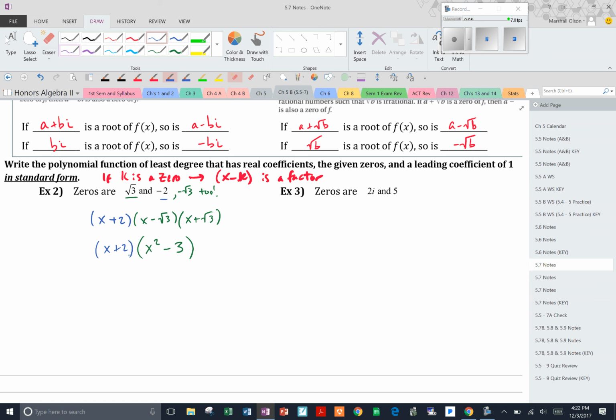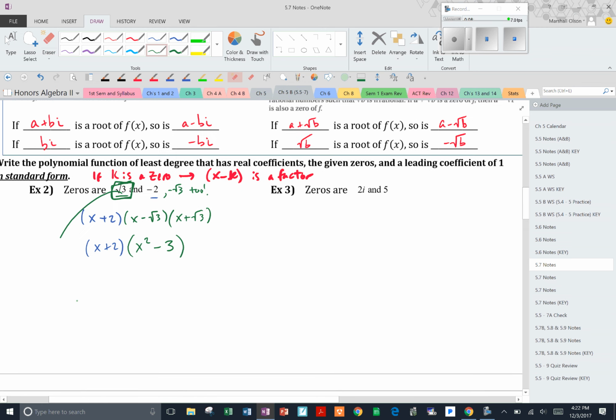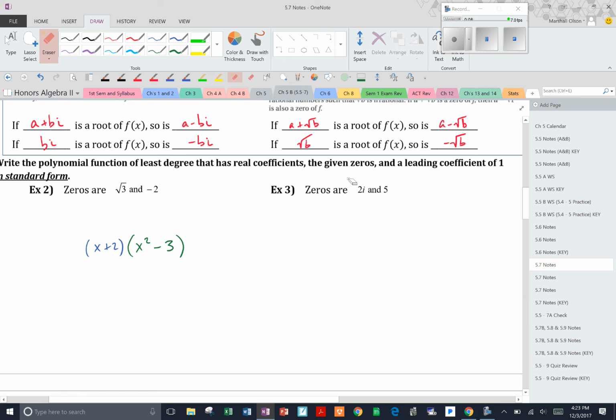Before I go any further, let me just say, once you get used to doing these, you're going to be able to probably just look at that zero right there, and without writing any of this, just know that that came from that factor right there. That and its conjugate came from that factor right there. So in other words, I'm okay if you skip, let's get rid of all this stuff here, if you just go right to that step right there.